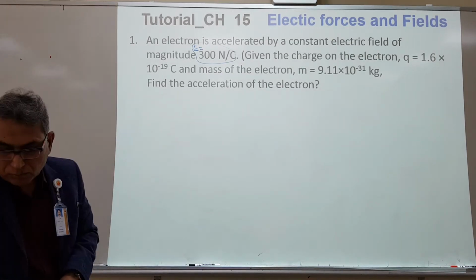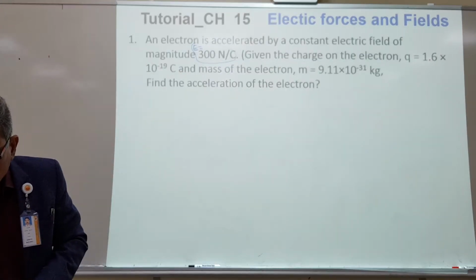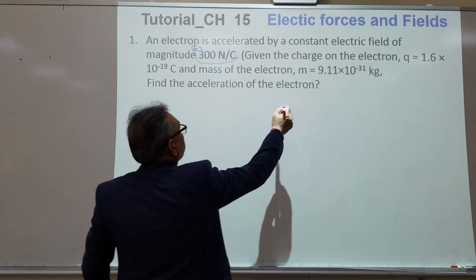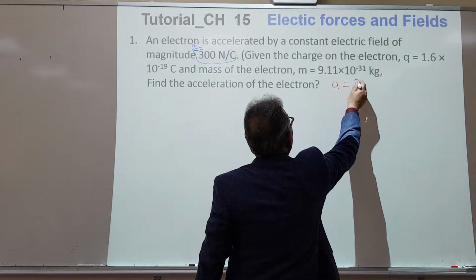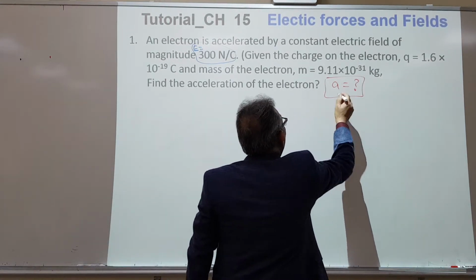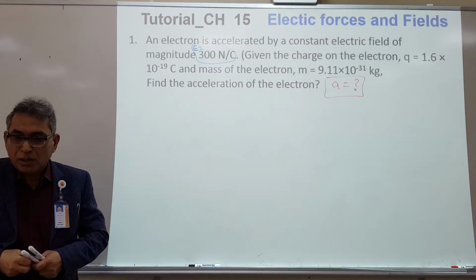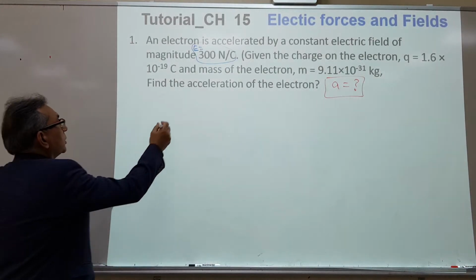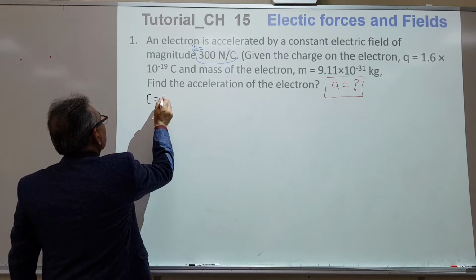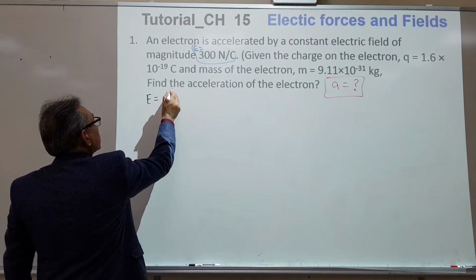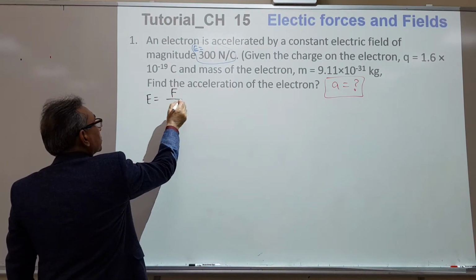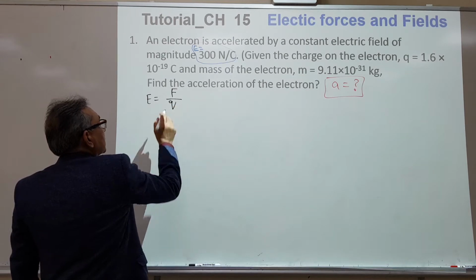Alright, so first of all you have to find out the acceleration of the electron. We know that E, the electric field intensity, is equal to the Coulomb's force divided by the charge.